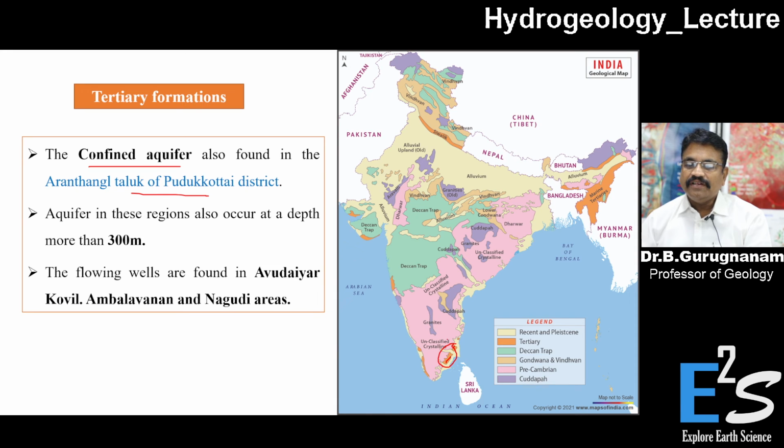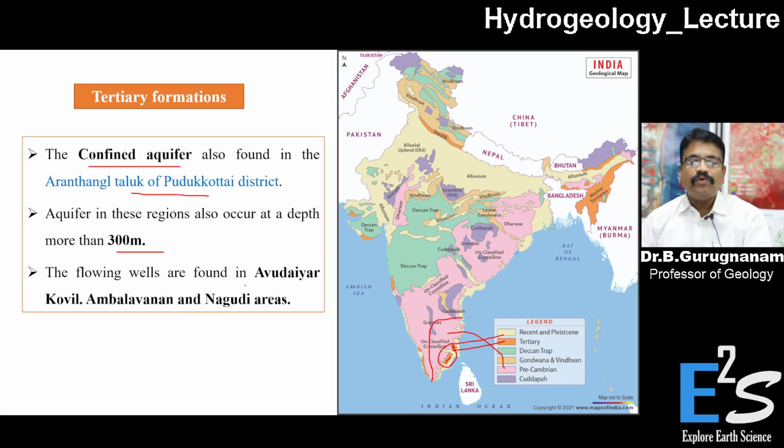This is Tamil Nadu, this is Precambrian here, and tertiary is represented here. Recent to Pleistocene is represented here, and the Deccan Trap and Kadapa will not come here. Aquifers in these regions also occur at a depth of 300 meters in tertiary formation.